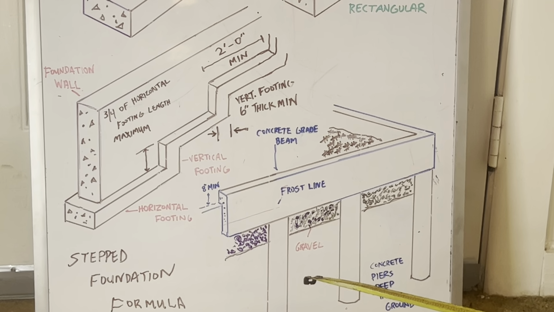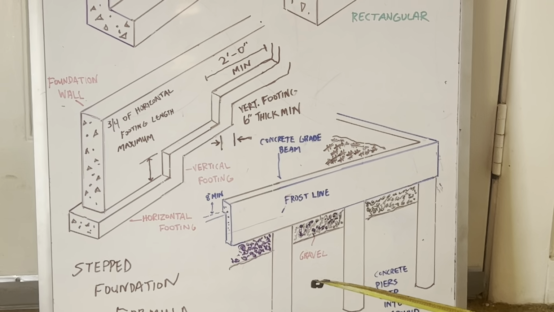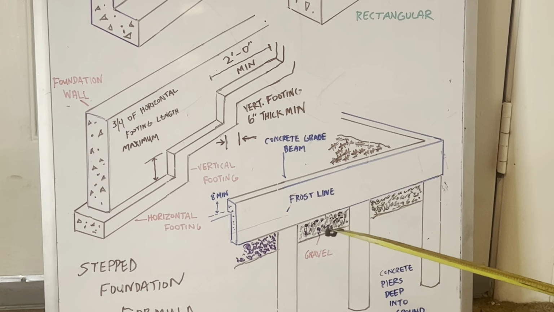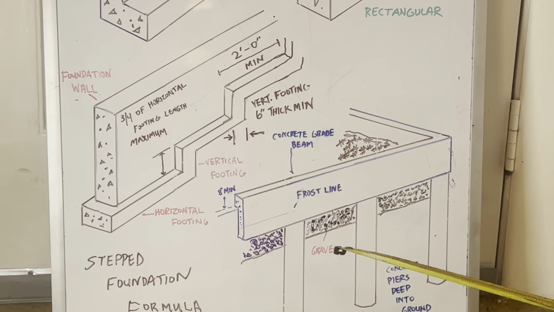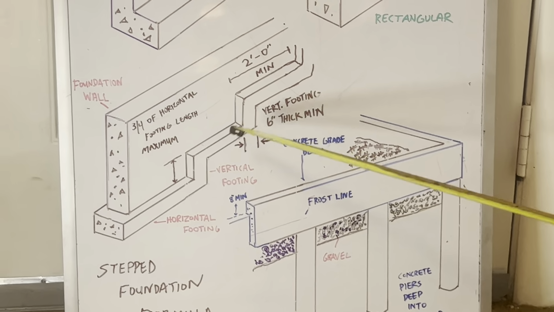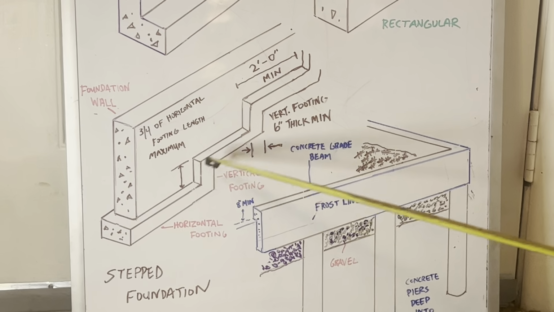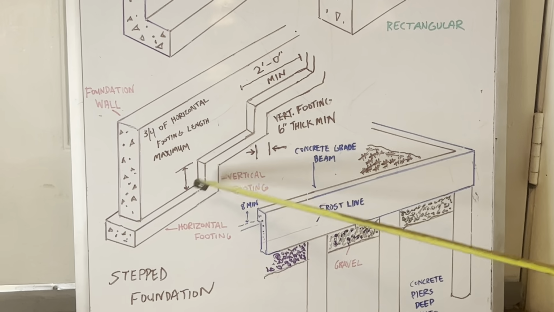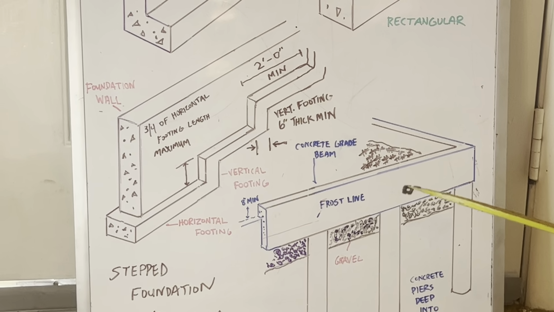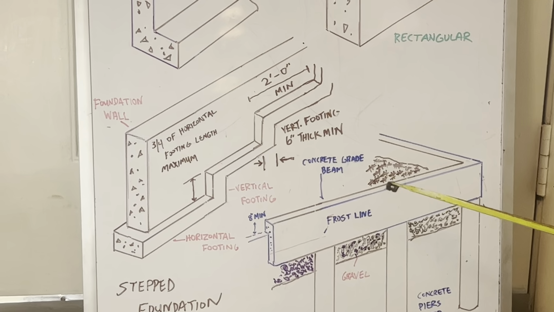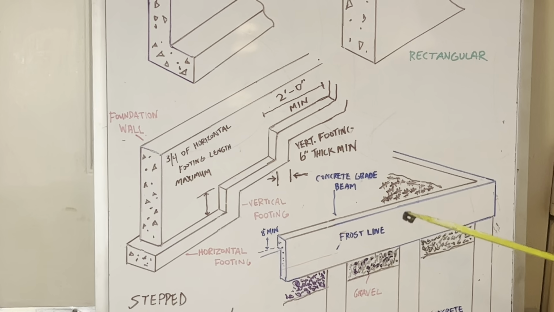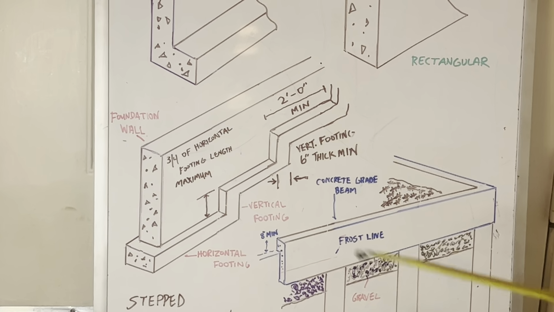A level foundation for a sloped lot will require more concrete and more excavation of the hillside than a stepped foundation. Okay. Now, if this was to be a continuous wall, you're going to use more concrete than is necessary on a sloped lot when you can just choose to use this stepped foundation.